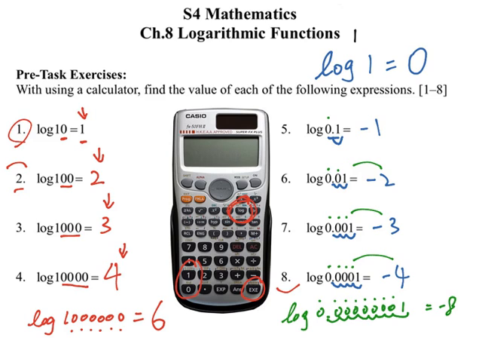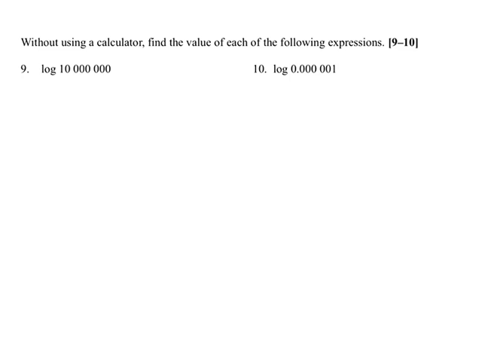Okay, you can use the calculator, or you can look at this. Because log 10 is 1, that means no zero. So the answer is 0. So bear in mind, log 10 is 1 and log 1 is 0. These two always happen in this chapter. So log 10 equals 1, log 1 equals 0.